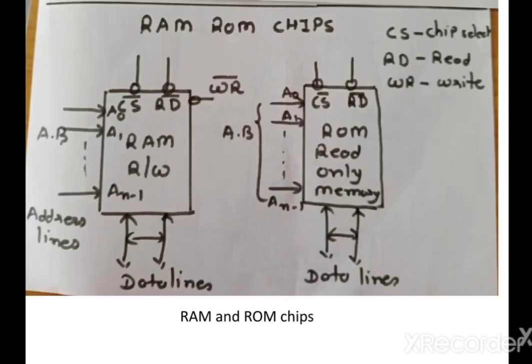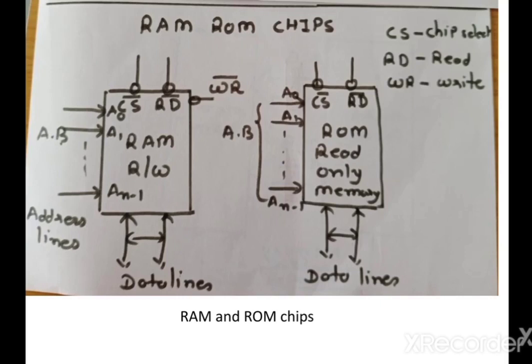Then these are the RAM and ROM chips. In the RAM chip, that means read write memory, it contains address lines and data lines. Then it also contains CS, that means chip select signal, RD, that means read signal, and WR, that means write signal. In these signals a bubble is present.